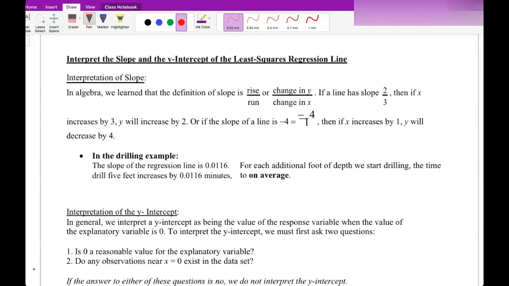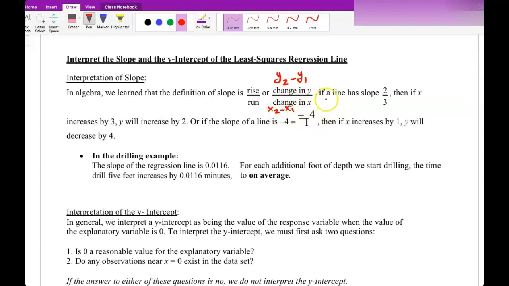Now next page, interpret the slope and y-intercept of the least square regression line. We already know what the slope is. In algebra, we learned that the definition of slope is rise over run, or change in y divided by change in x. Here we use y2 minus y1 over x2 minus x1.